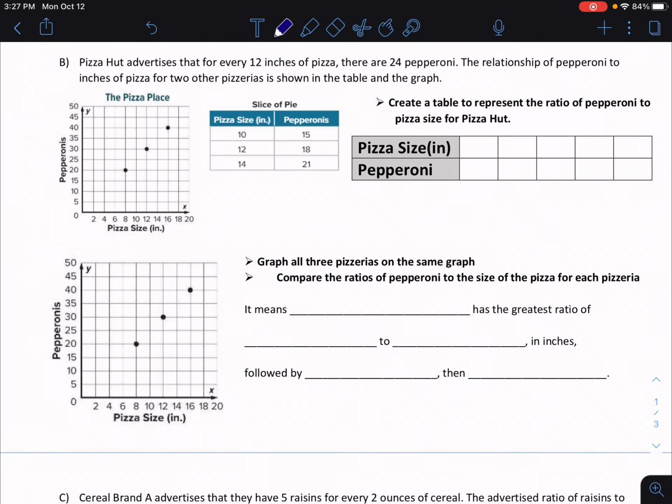In example 2, it says Pizza Hut advertises that for every 12 inches of pizza, there are 24 pepperoni. This is going to be Pizza Hut right here.